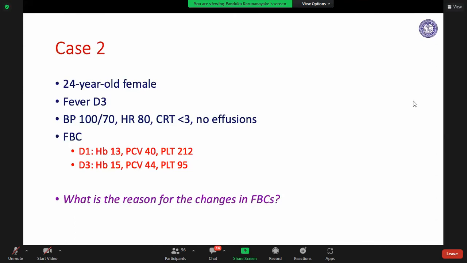It's fever day 3. And usually the PCV should rise by 20% from the baseline to go into the critical phase. And the hemoglobin is also concentrated. So I thought it is dehydration rather than going into the critical phase.